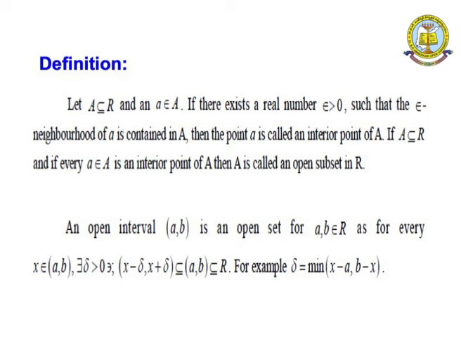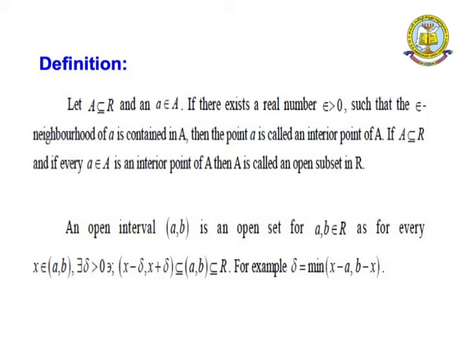Next definition: let A be contained in R and a belongs to A. If there exists a real number epsilon greater than 0 such that the epsilon neighborhood of a is contained in A, then the point a is called an interior point.